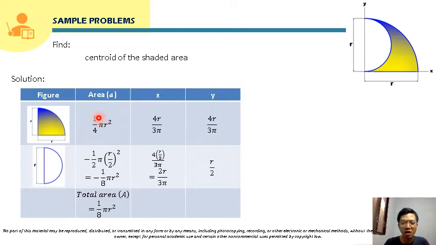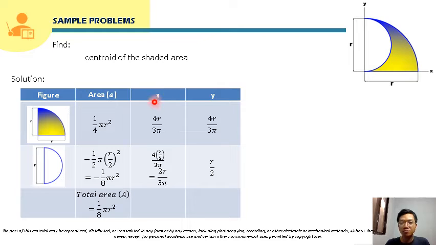For the area of the semicircle, this will be 1/2 pi r squared, but the diameter is r, so therefore its radius is r over 2. So this will be 1/2 pi times r over 2 squared. This will be negative just to indicate that we will subtract this area from the other area. So solving for the total area, that will be 1/4 pi r squared minus 1/8 pi r squared, so that will be 1/8 pi r squared.